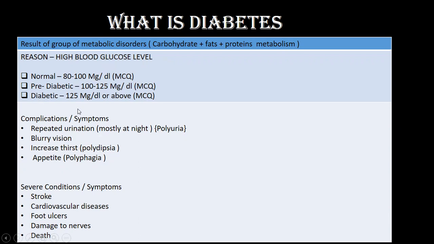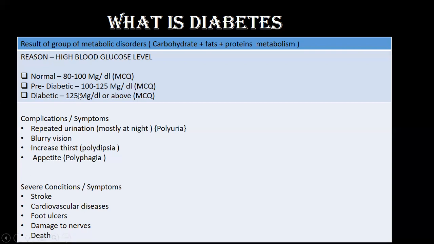It is the condition in which we have a pre-diabetic phase and a diabetic phase. The pre-diabetic phase has a range of 100 to 125 mg per dl. What is the pre-diabetic phase? As we all know, any disease takes time to show its symptoms, and the body gives some indication that it might contain some disease. So pre-diabetic is a phase where a person is not completely diabetic, but might get a chance to go into that phase.